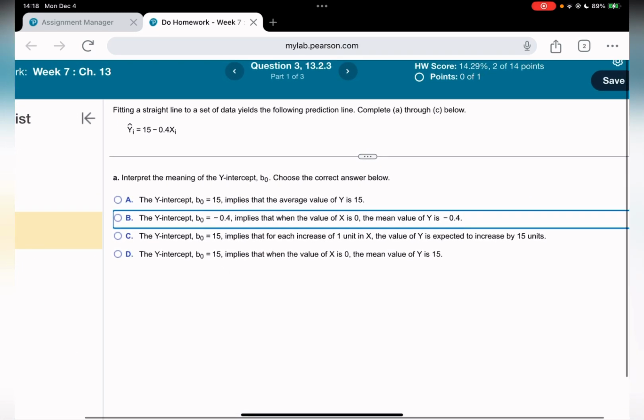The mean value for this specific case, when b0 is equal to 15, oh, it has to be 15, A, C, and D. Okay, I'm sorry, I didn't pay attention. So it is 15, then when the value of x is 0, the mean value is 15.